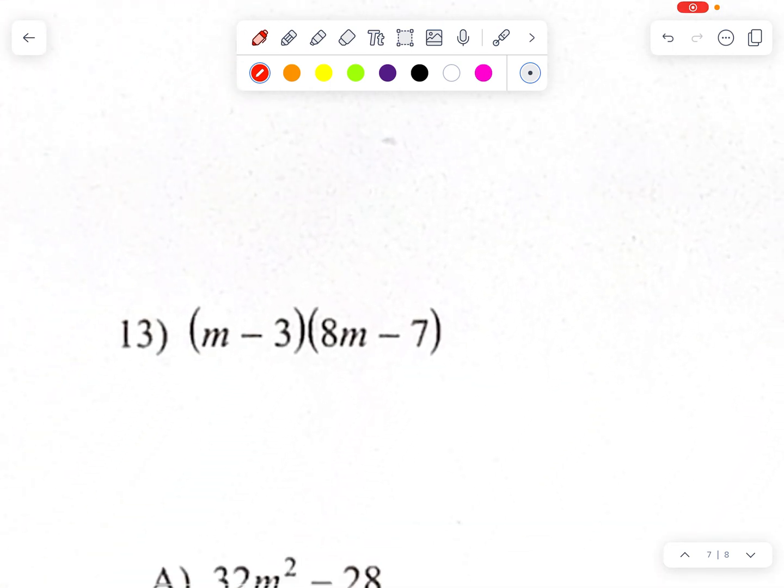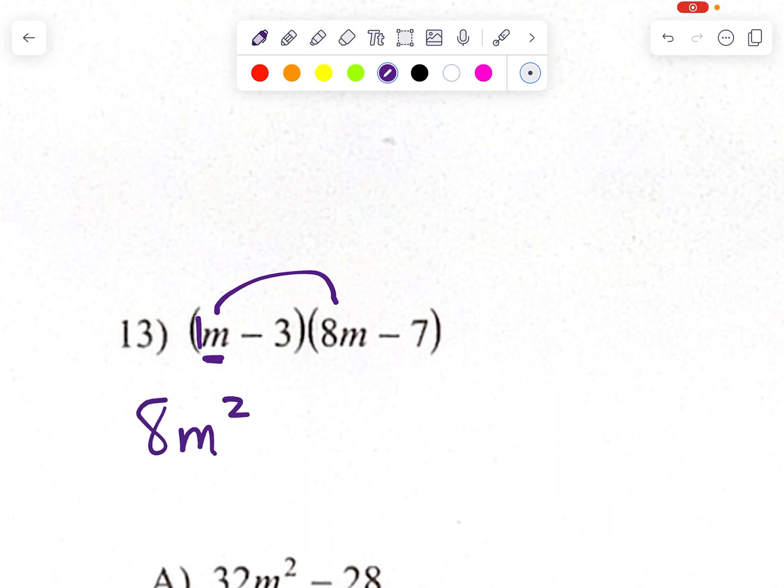Alrighty, looking at 13. All right, we're going to multiply the m times 8m. Well, 1 times 8 is 8. M times m is m squared. Multiply that again. 1 times -7 is -7, but you have to put the m with it. We're done with the 1m.